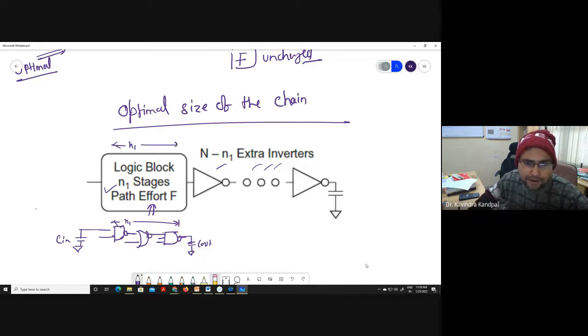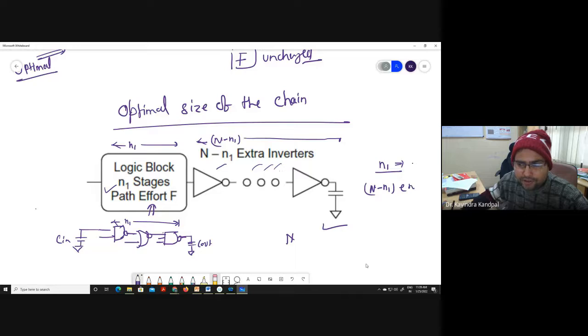I'm trying to add N minus N1 extra inverters before the output. Can you see? So what will be the effective size of this chain now? N stages. N1 was your original circuit, and I'm adding N minus N1 extra inverters. So my size of the chain becomes capital N, correct?